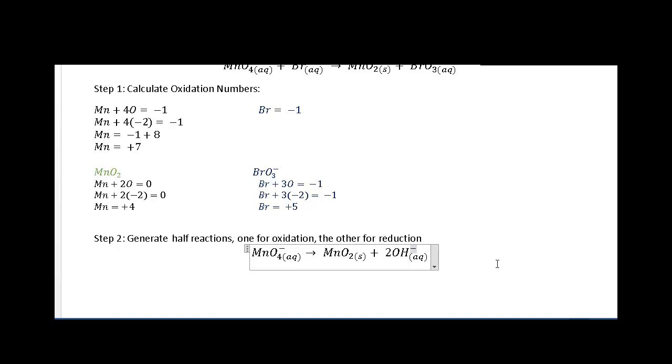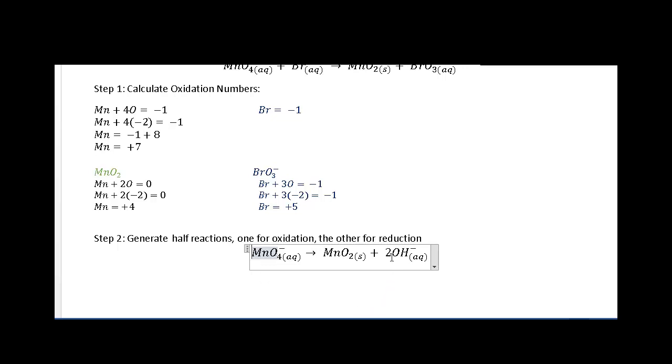So what do I need to do to balance the hydrogens? Well, I'm going to balance the hydrogens not with water. I'm going to balance the hydrogens with H+. Now you may think that that is a wrong idea because this is in basic solution, but we can neutralize that later on. Technically what I'm doing now is not right, but we'll make it right later on.